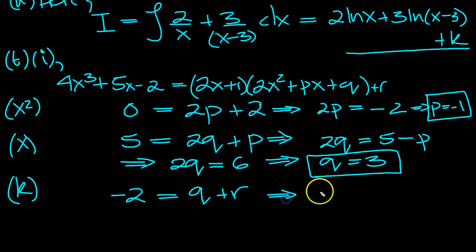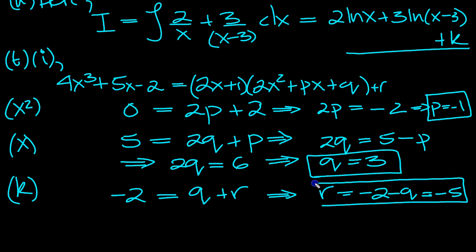That tells us then that r is equal to minus 2 minus q. Move the q over to be minus q. And that equals minus 2 minus 3 is minus 5. So r equals minus 5. So there's p, q, and r. So that was part 1.